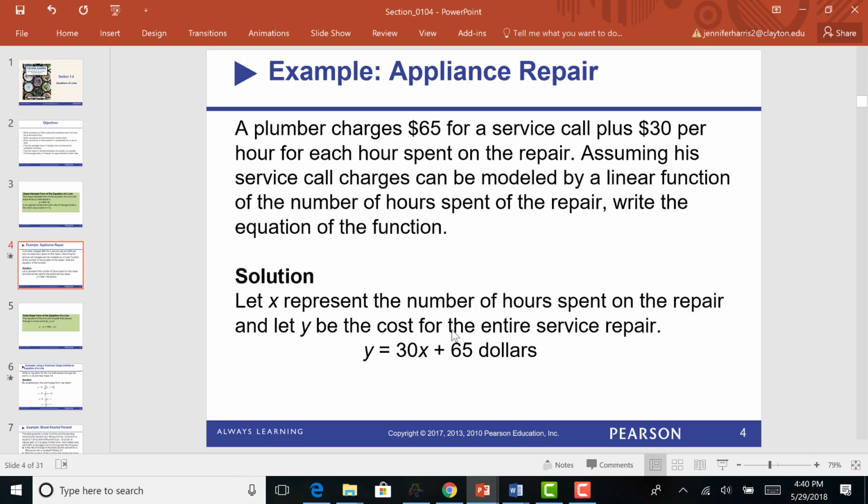form? Yes. Anytime you are charged or paying something per hour plus a flat fee, you can write it like this. Okay? So could you write it like this to get your car repaired? How? You put the part as the extra, and the amount of time is the variable.